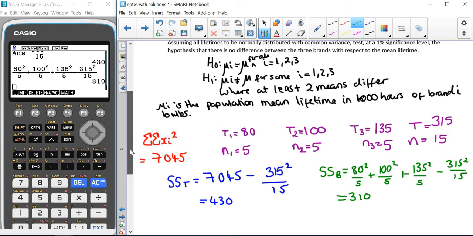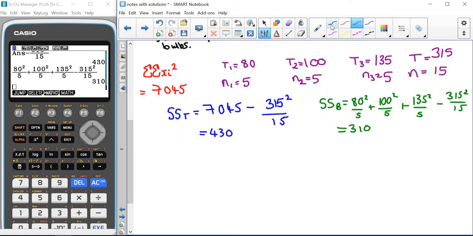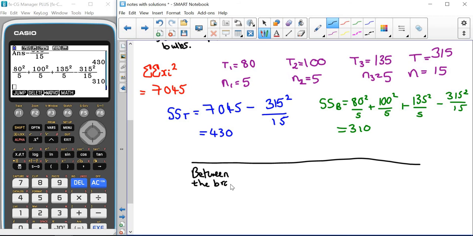Now we can make our table, which will help us to find our test statistic. So we're going to have between the brands, that is, between the columns. To put it into context, we're going to have within the brands, and we're going to have our total.